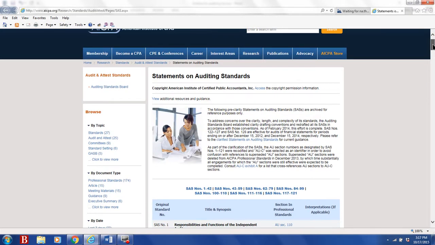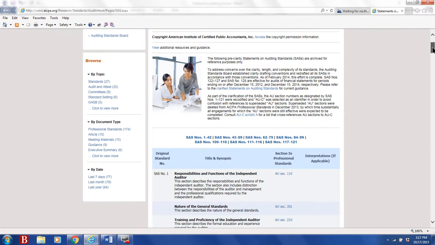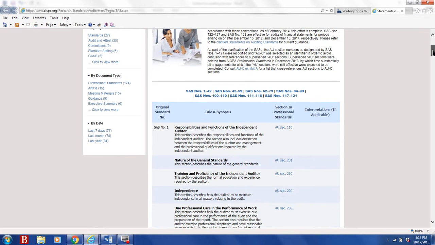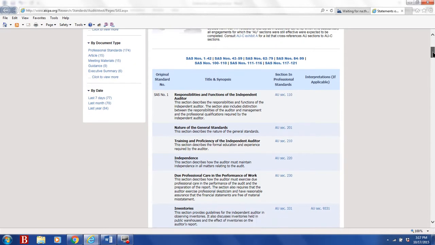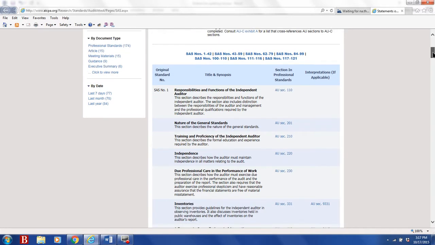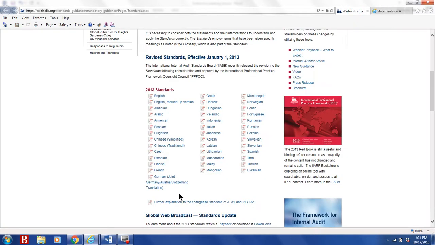These are called Statements on Auditing Standards, and you can see that they're consecutively numbered, and we're up to number 121, so that tells you there's quite a few of those. And again, these govern audits of financial statements for companies that are not public. We'll be looking at those when we get into the computer lab.